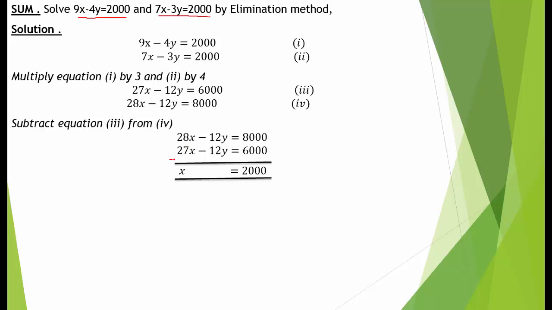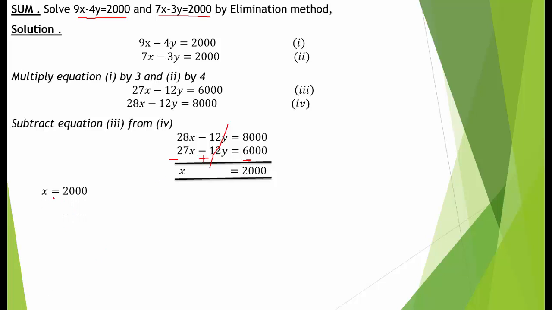Here this will become minus, this will become plus, and this again becomes minus. Now 28x minus 27x becomes x, minus 12y plus 12y cancels out, and 8000 minus 6000 becomes 2000. So the x is 2000.